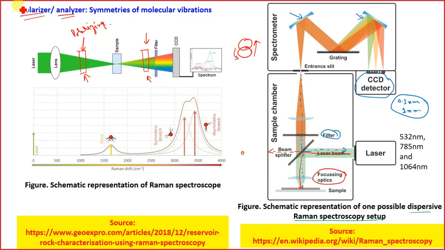This polarizer analyzer setup helps in understanding the symmetries of the molecular vibrations. I'm not going into the details of this one. Just know that using this polarizer analyzer set, you can analyze the symmetric vibrations of molecules.